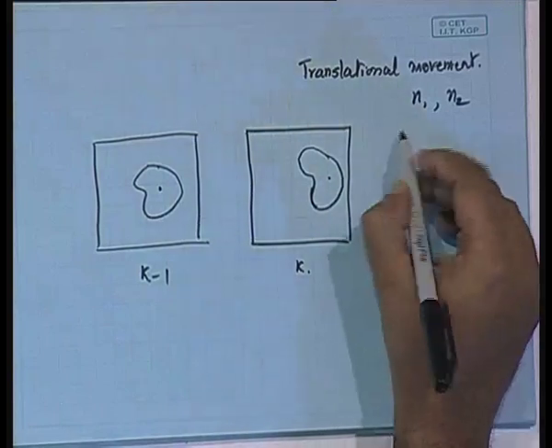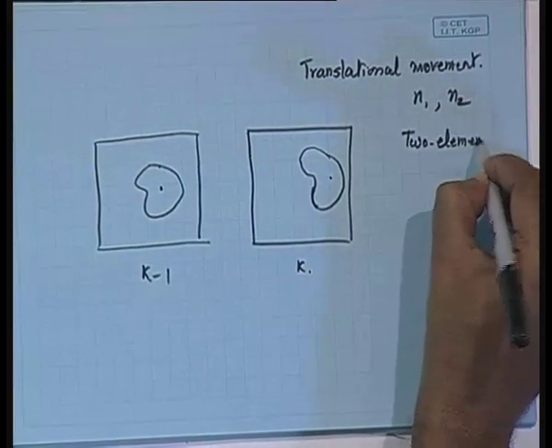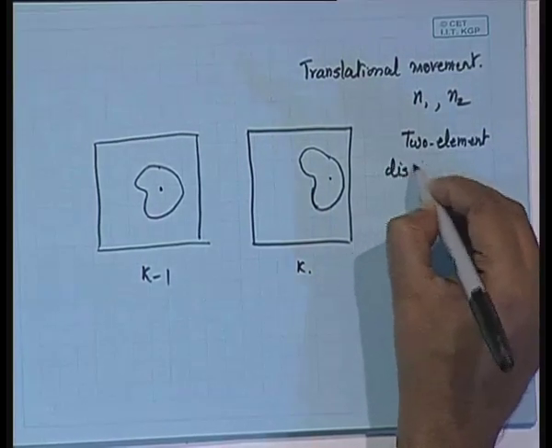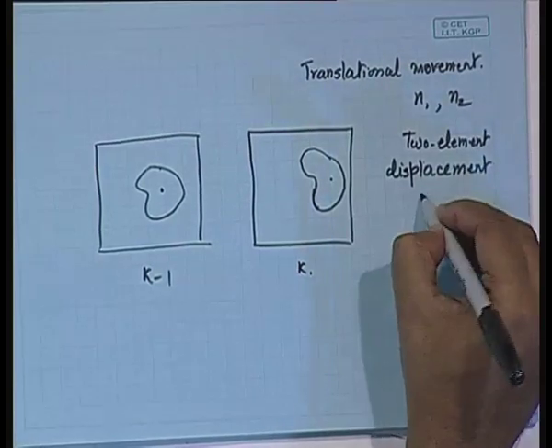So the translational movement can be specified by a 2 element vector, which we call the 2 element displacement vector.